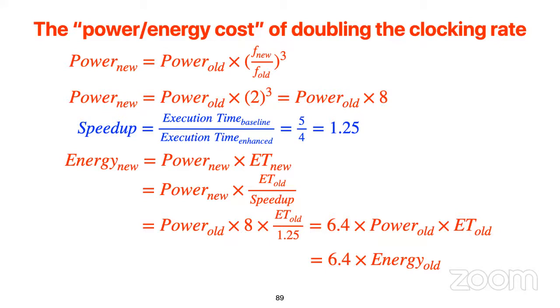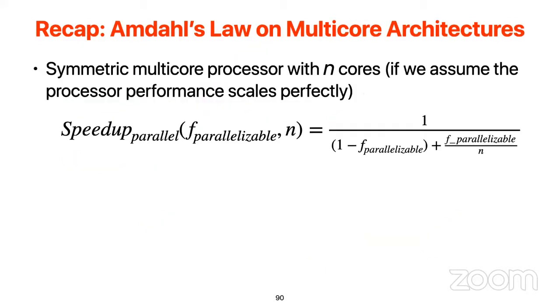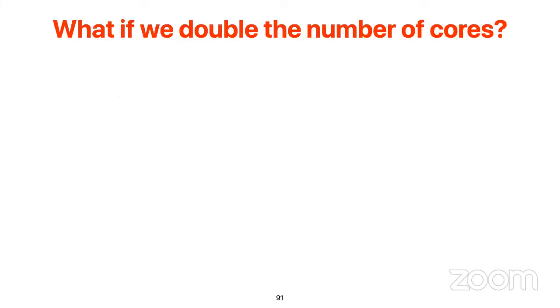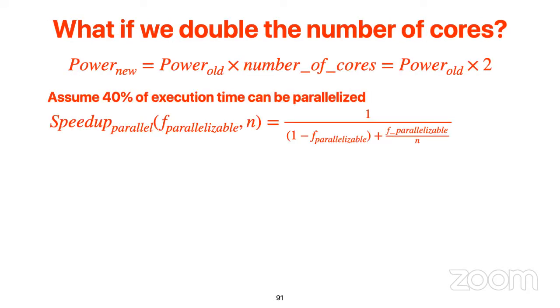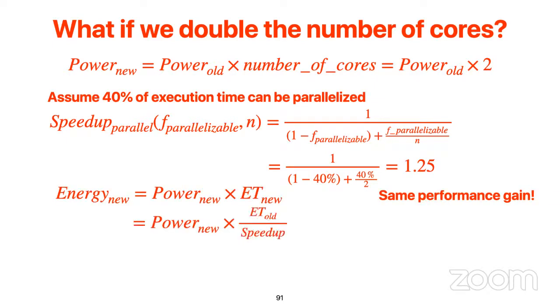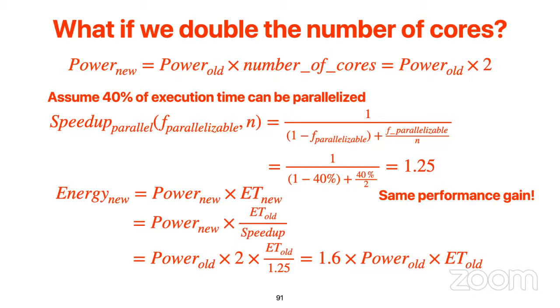However, if you double the number of cores, you can easily use Amdahl's law to estimate that in the maximum case, I can still speed up my application by 1.25, even though only 40% of it can be parallelized. However, the energy efficiency is 4 times better than doubling the clock rate.